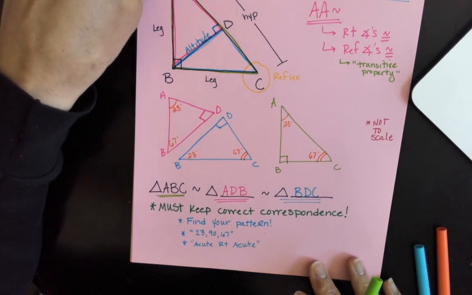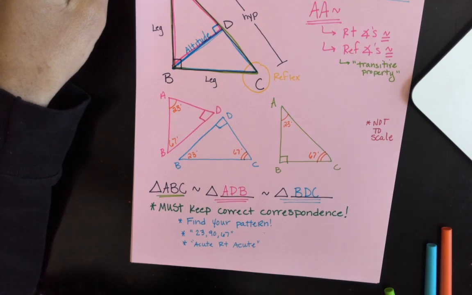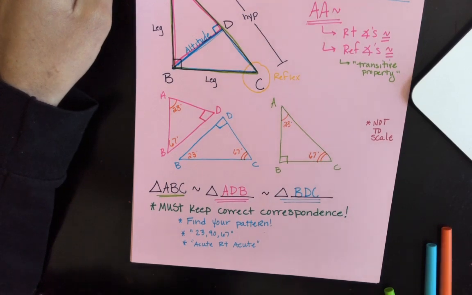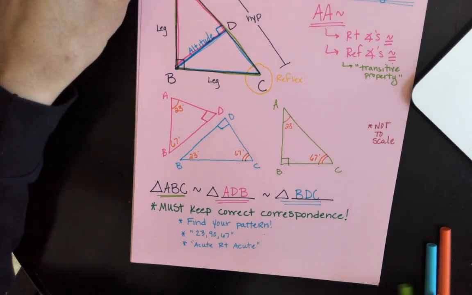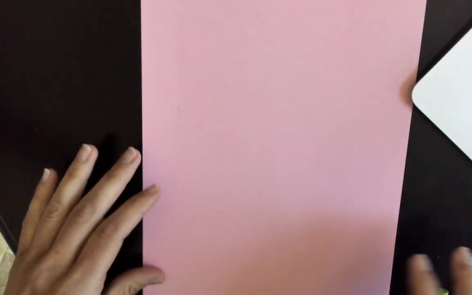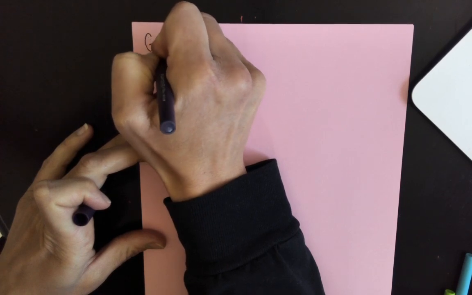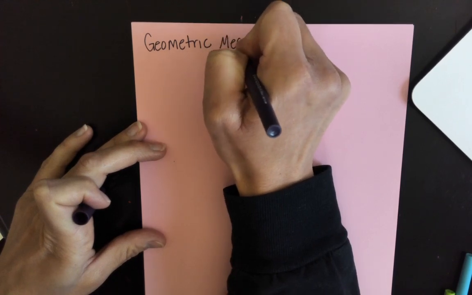Now, what we're going to do to finish today is we're going to redraw our right triangle and we're going to talk about what we see. So I'm going to give ourselves a new paper. I'm again going to suggest you draw this with me. And we're going to look at what are called geometric means.